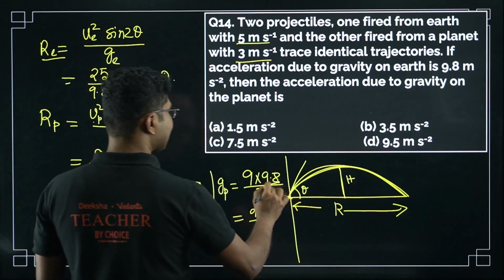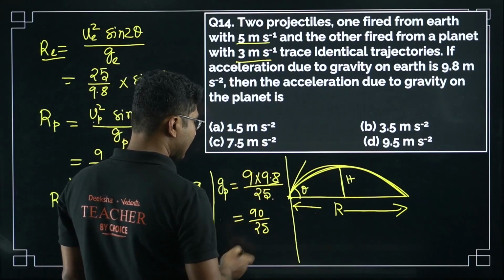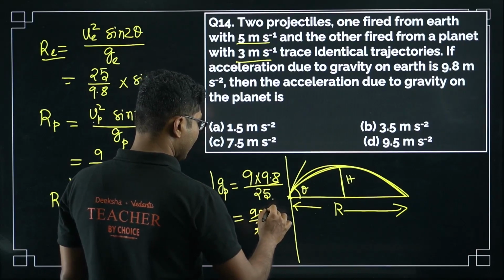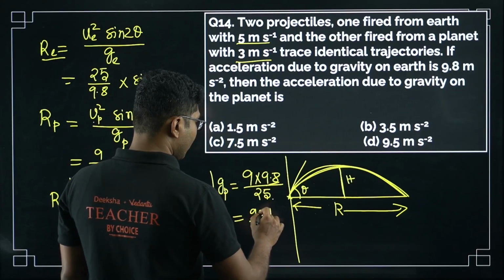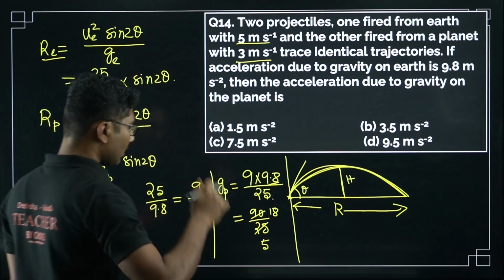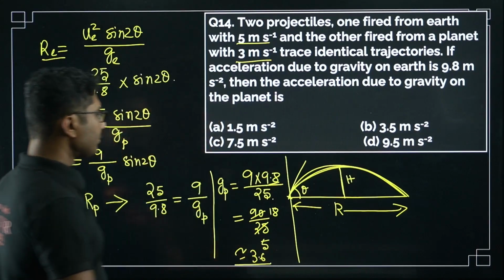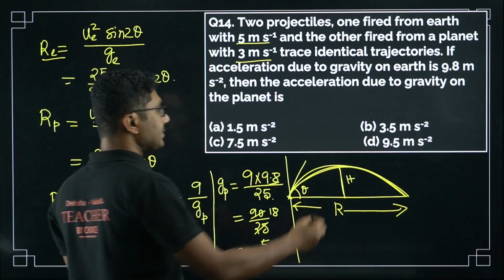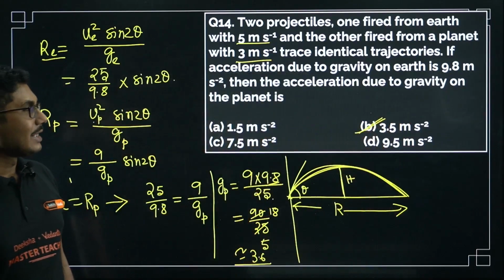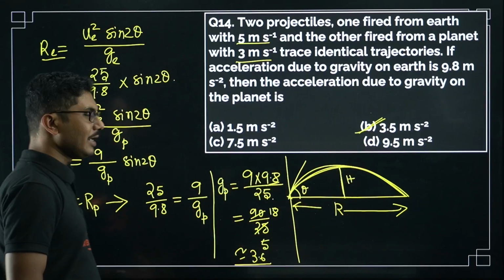Okay, let's consider this 9.8 to be 10. Then 9 into 10 is 90. So 5 5s are 25, 5 1s are 5, 40. So it will be 18. So the answer will be 3.6. Okay, so Gp is approximately 3.6 from our calculations, and if we had used 9.8 exactly, then we could have calculated the value of g on that planet as 3.5.